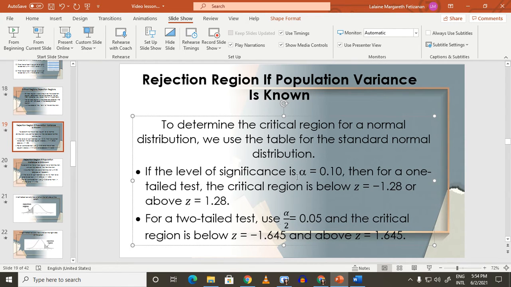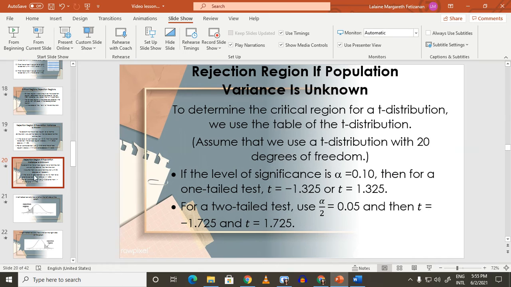Then, level of significance, alpha is 0.10. Example, for a one-tail test, the critical region is below Z equals negative 1.28 or above Z equals 1.28. Pagdating naman kay rejection region, if population variance is unknown, gagamit tayo ng T-distribution or T-table. Okay?